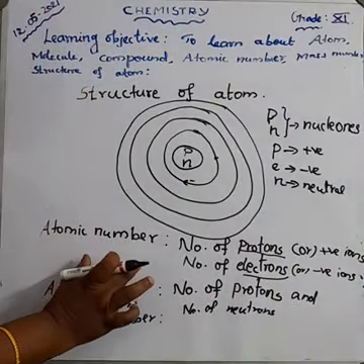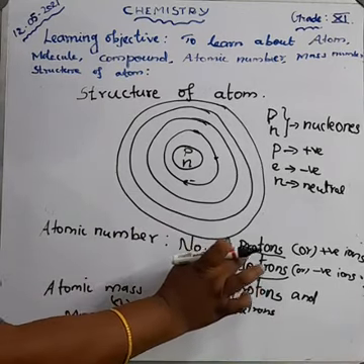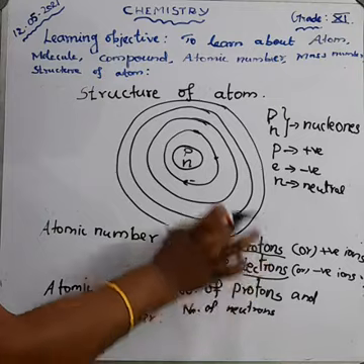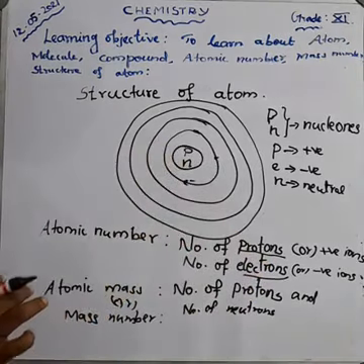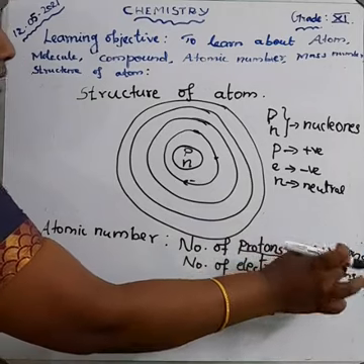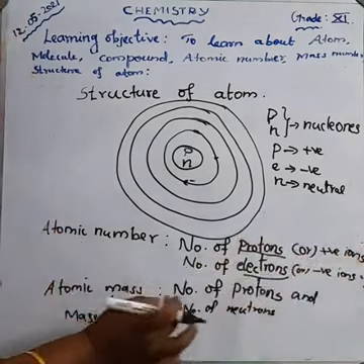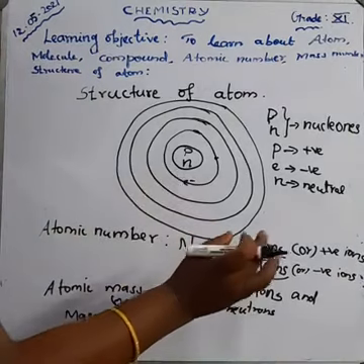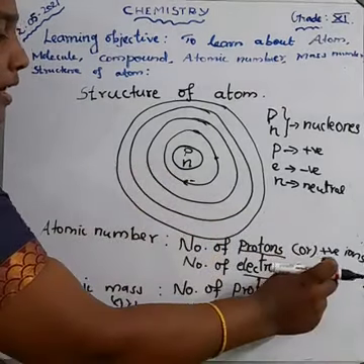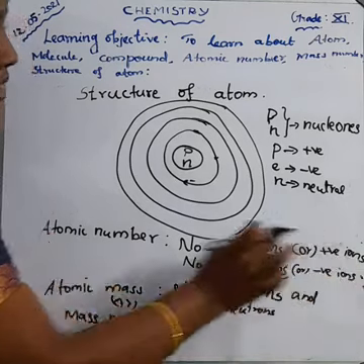So atomic number means the number of protons or the number of electrons, and both are the same in a neutral atom.